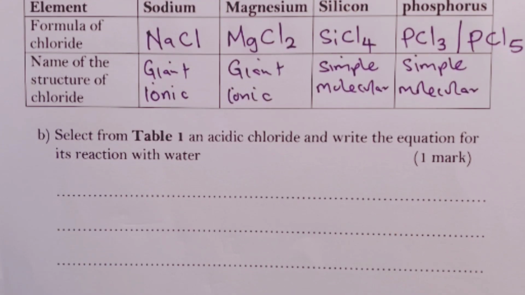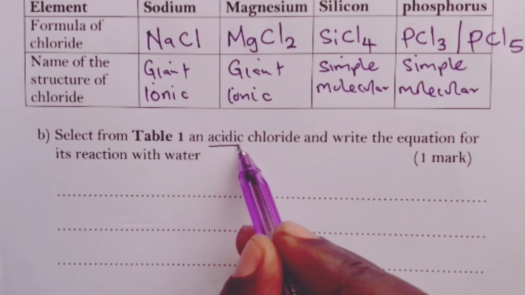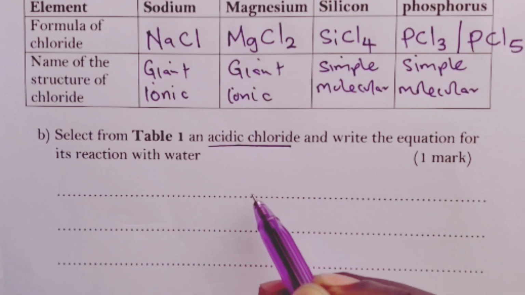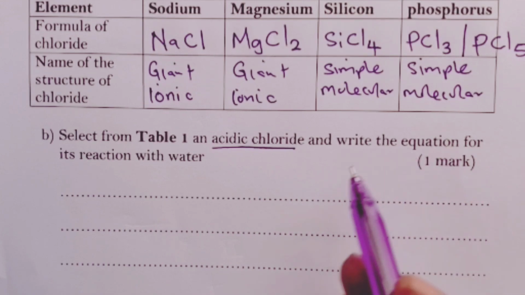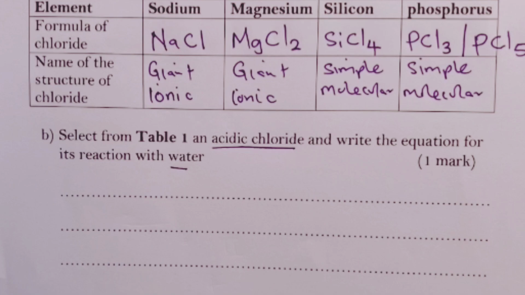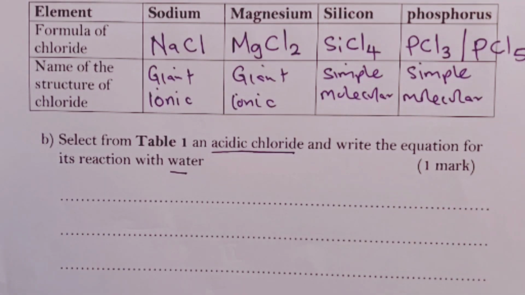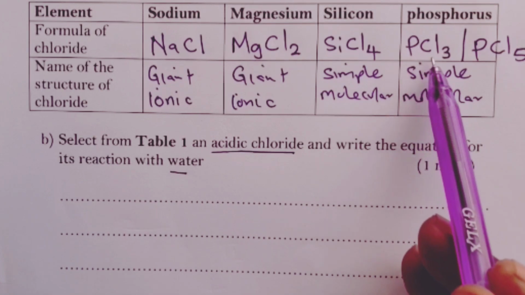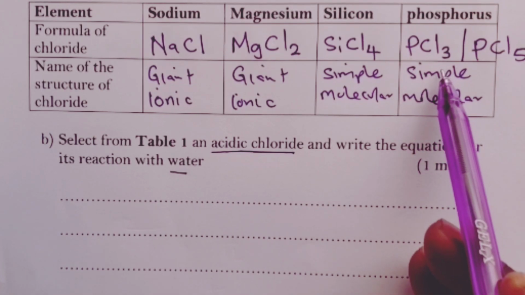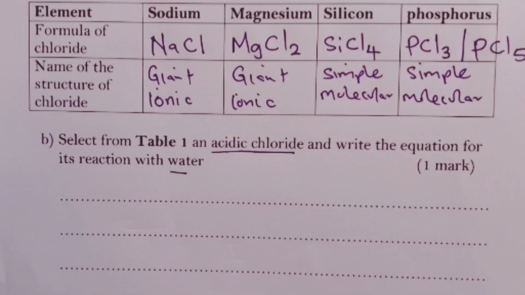Then part B, we are told to select an acidic chloride from the table and write the equation for its reaction with water. According to our table, acidic chlorides are 3. We have phosphorus(III) chloride, phosphorus(V) chloride, and silicon(IV) chloride.